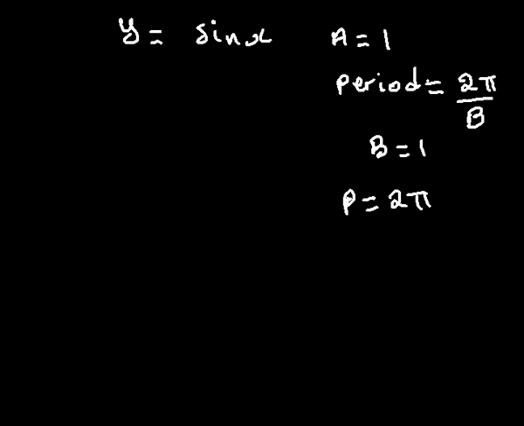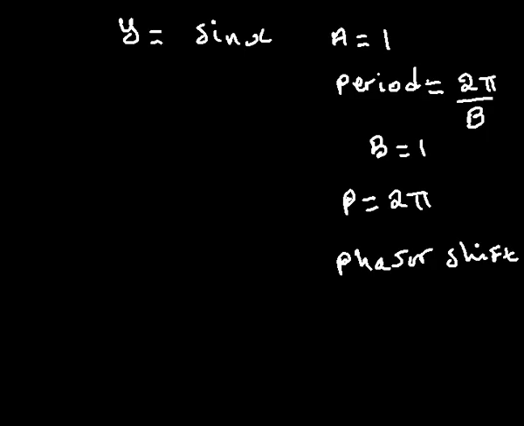And we need to have what we call the phase shift. Phase shift corresponds to where the graph has to start from along the x-axis. In other words, that's the displacement of the graph along the x-axis.